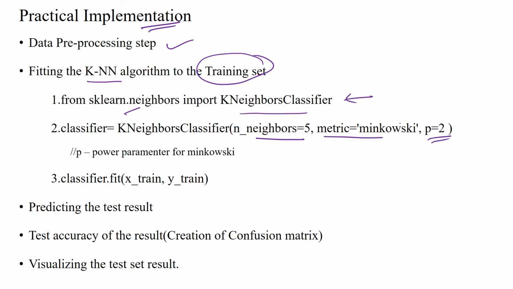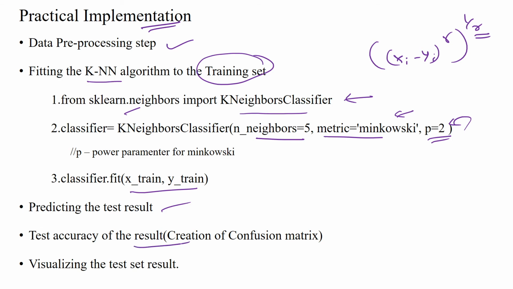P is the power of Minkowski, because Minkowski has the sum of xi minus yi whole power r, then 1 by r. This r value is set by using the parameter p. Then we fit the model with training data and predict the result for test samples. Finally, we calculate the confusion matrix, from which we can calculate all the required evaluation metrics.